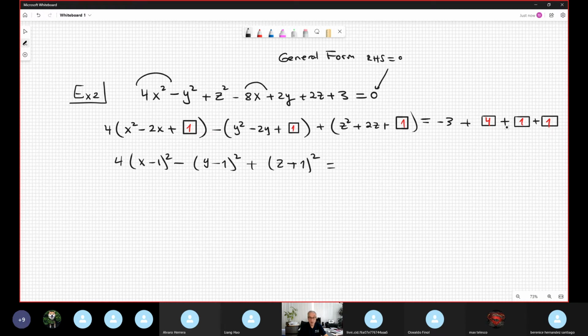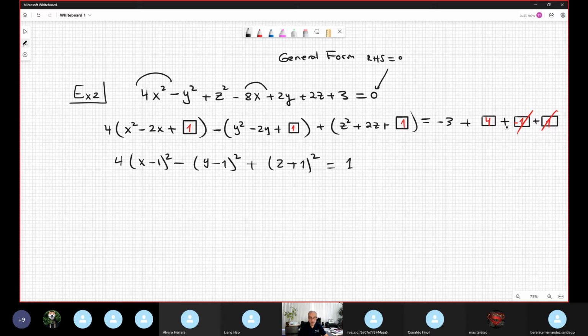Wait, sorry. This is negative 1, because actually this is negative 1. And negative 1 and positive 1 cancel. And 4 minus 3 is 1. Okay, super. I forgot that this guy is negative, so this 1 introduced artificially to complete the square is actually negative 1.